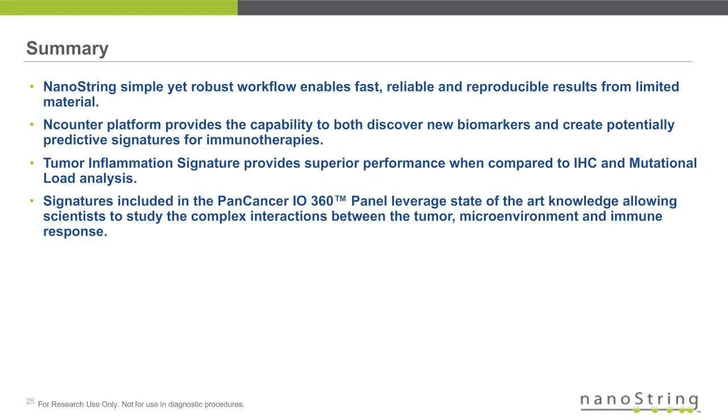It is measuring the existing adaptive immune response within the tumors, and it performs very well when compared to immunohistochemistry and mutational load. And then in addition to the tumor inflammation signature, we have also built additional signatures around the panel, which can help you ask even more detailed questions about the biology of your sample.